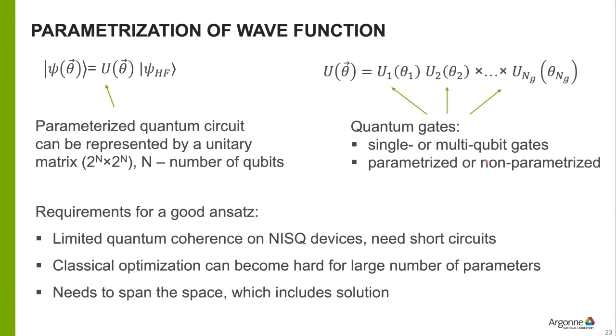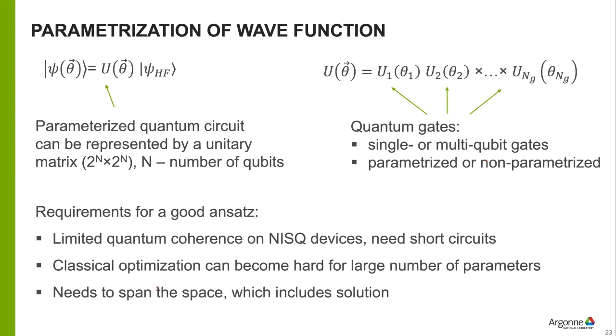And the requirements for a good ansatz for NISQ devices, because there are high error rates and limited quantum coherence: we need short circuits, so the number of gates needs to be as small as possible. Also, we don't want too many parametrized gates, because then it becomes a hard problem for classical optimization, having to deal with a large number of parameters.